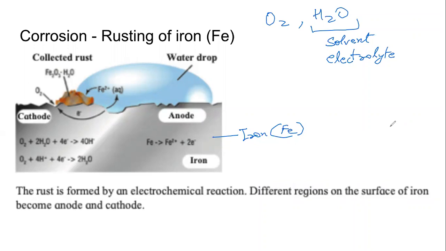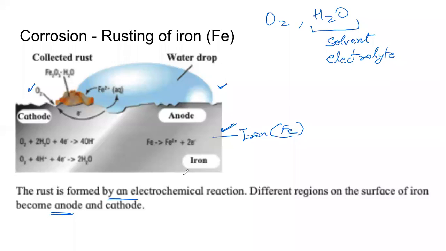So what happens is this metal along with water and oxygen from the air, they start acting as an electrochemical cell. Any electrochemical cell will have two terminals, an anode and a cathode. Anode is the positive terminal, cathode is the negative terminal.